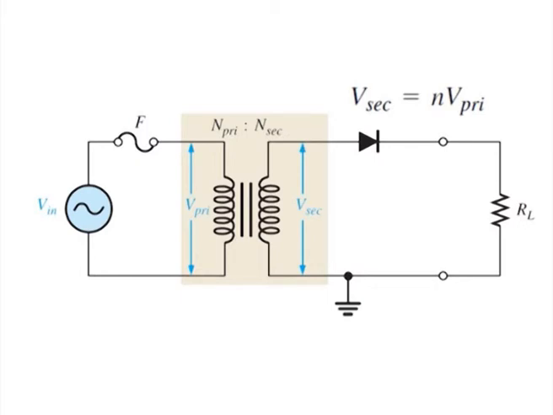If N is less than 1, the secondary voltage is less than the primary voltage. If N is equal to 1, then V secondary is equal to V primary. The peak secondary voltage V peak secondary in a transformer coupled half wave rectifier is the same as V primary in, as shown in the equation.